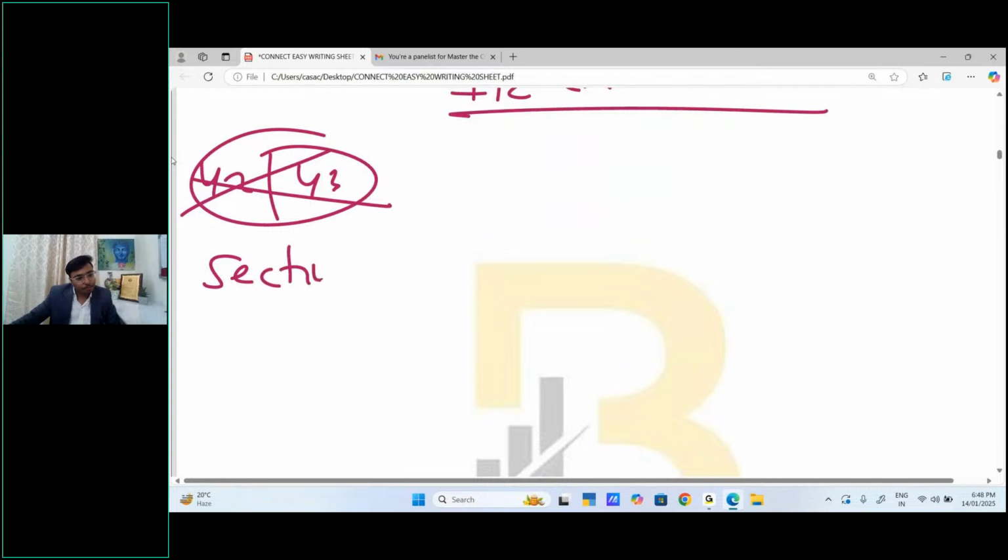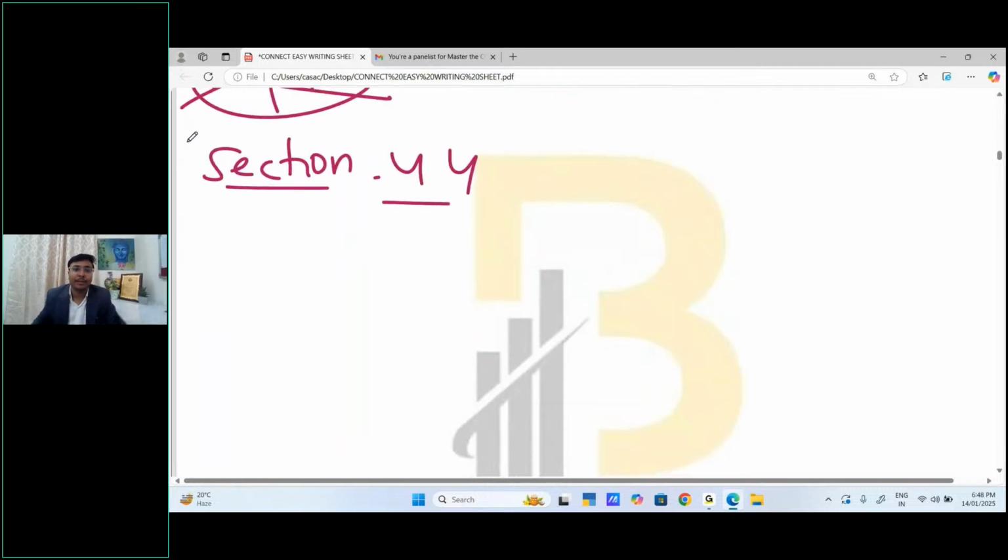Section 44. अभी अभी हम सब लोगों ने इस सेक्शन पे काम किया है. We all have done work on this specific section. Sir, just assume this 4 is my books. This 4 is my GST record.